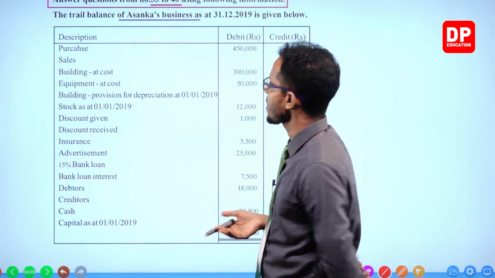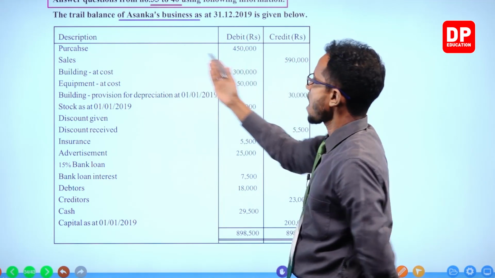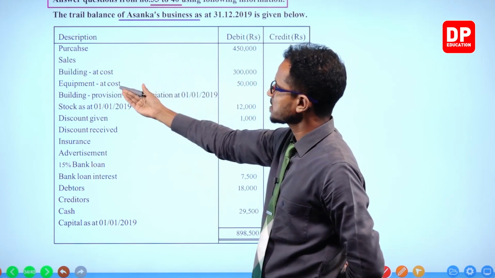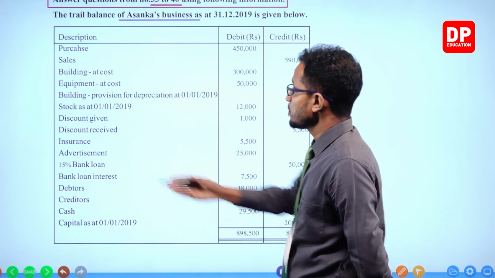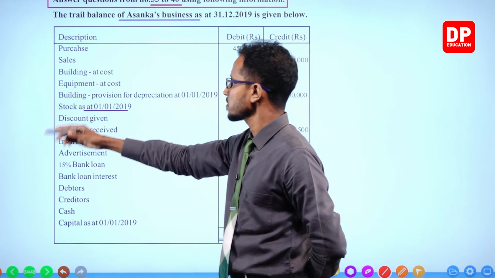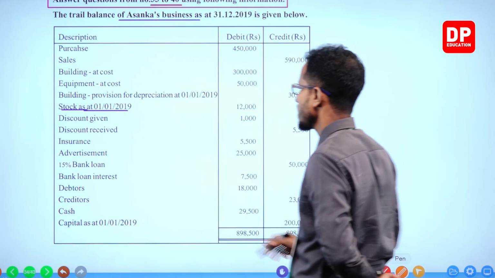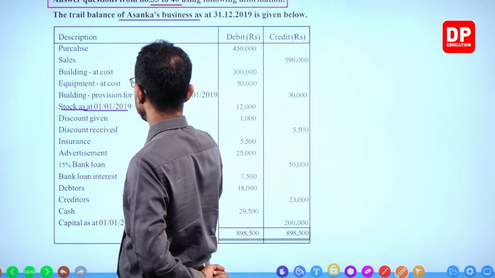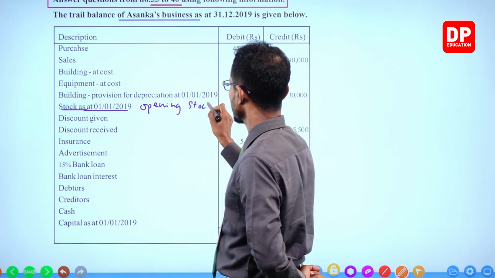It's a businessman. We have purchases, sales, buildings, non-current assets, equipment, non-current assets, building provision for depreciation, stock, opening stock. Let's note down these things. Opening stock.